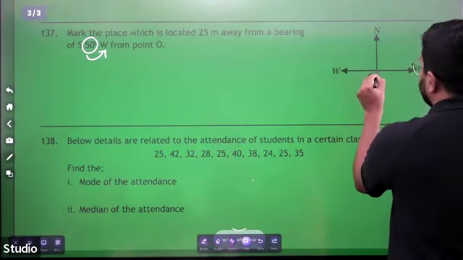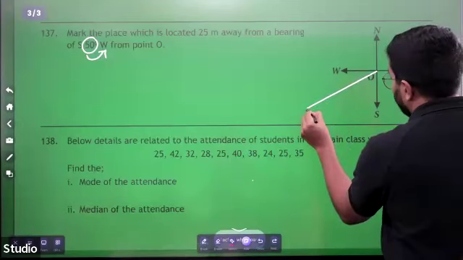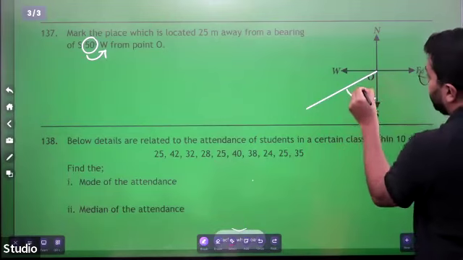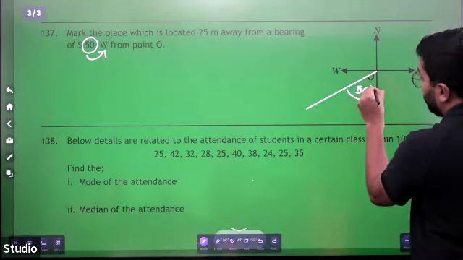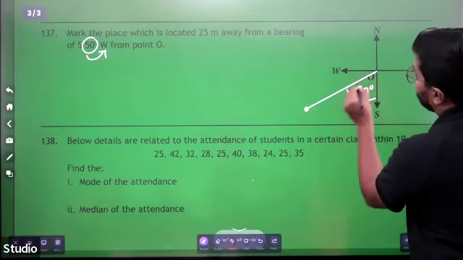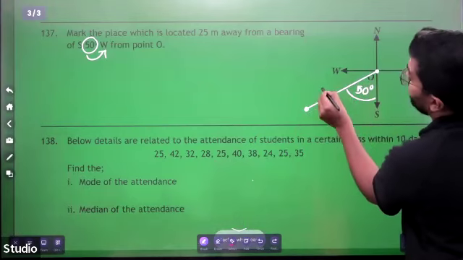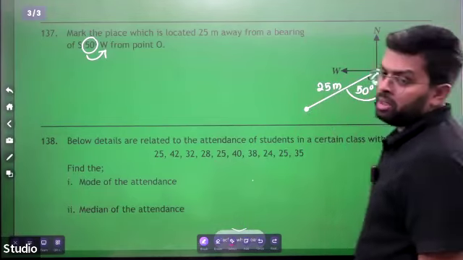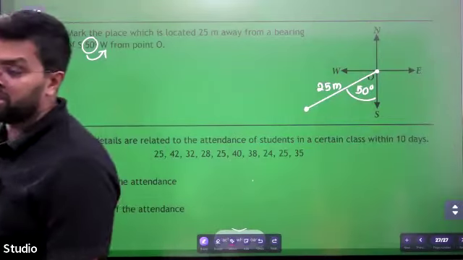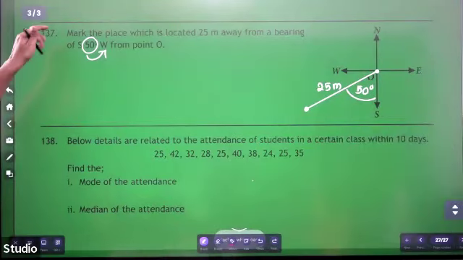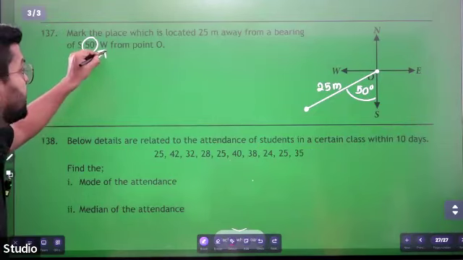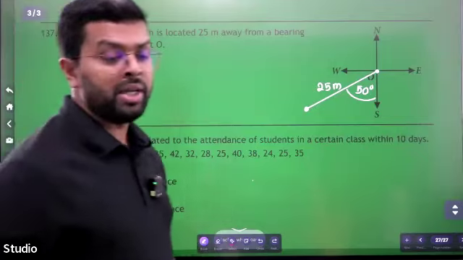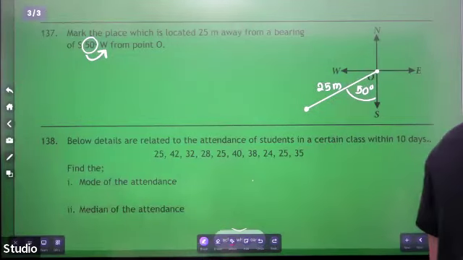The magnitude of that rotating angle is 50 degrees. The distance from here to here is 25 meters. Remember this lesson? So you are rotating 50 degrees towards west from south and the distance is 25 meters. This is how you need to mention the location.